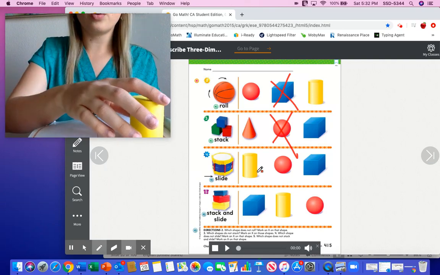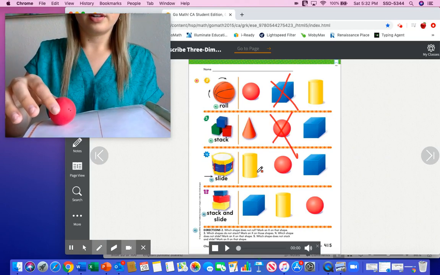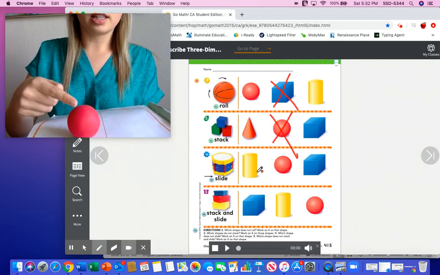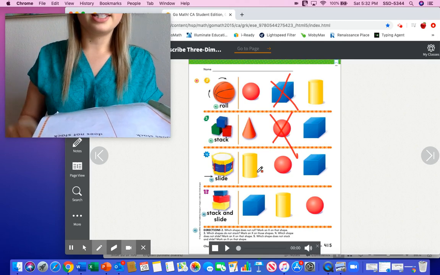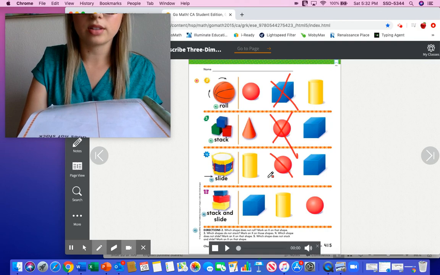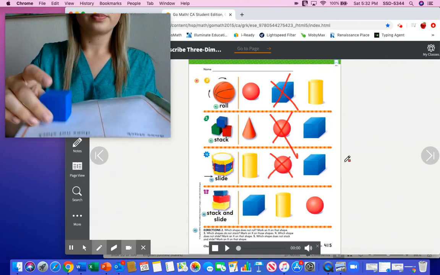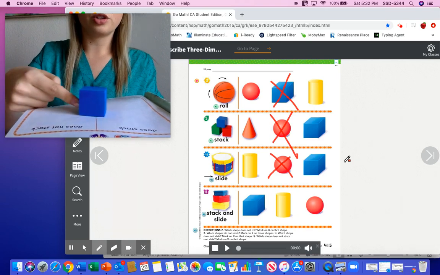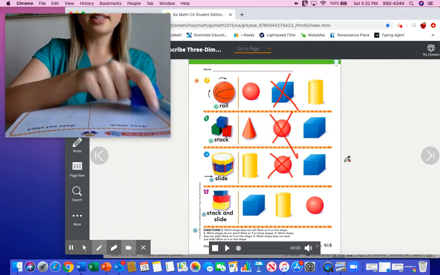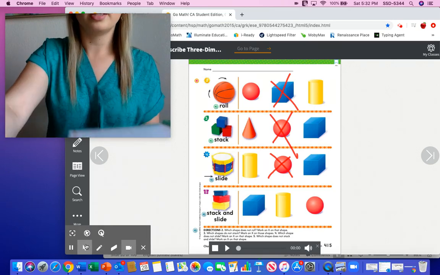We're only finding ones that can't. What about the sphere? If I give it a push, is it going to slide? Oh, it didn't slide. It was rolling, right? So put an X through that one. What about the cube? Can the cube slide if I push it? Yes, so we're going to leave it blank. Leave it alone. Very good.